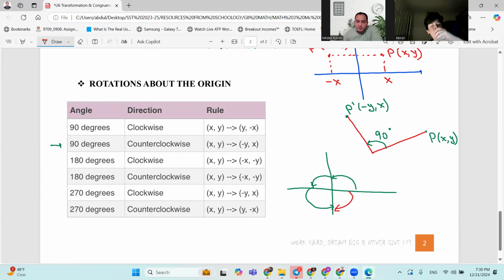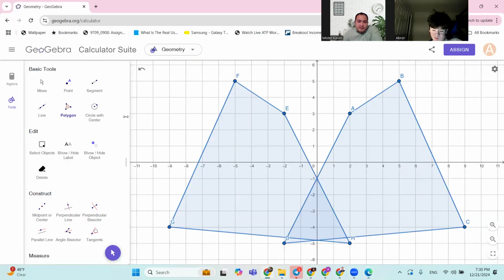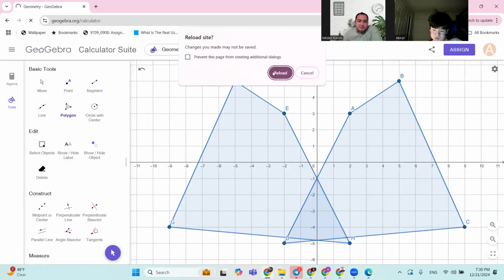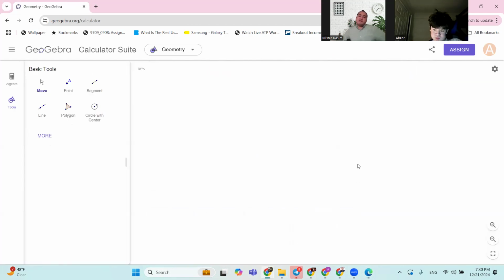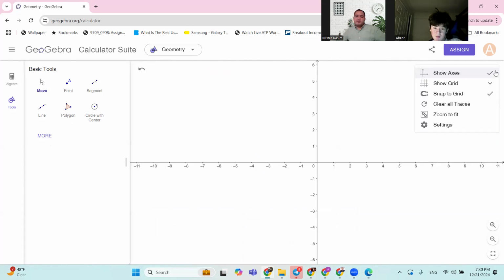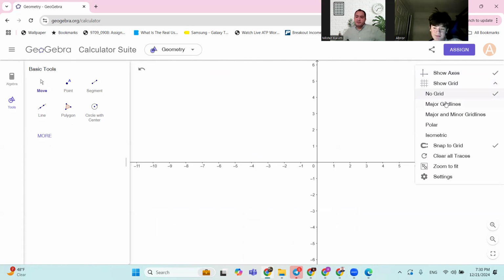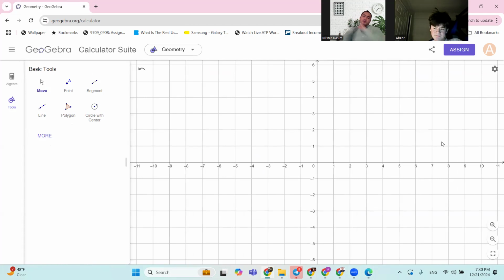For example, suppose that we are given a shape. Tell me any shape that will rotate 90 degrees about the origin. Tell me one figure, trapezium, parallelogram, or circle, or something. What actual figure do you want to rotate? Let's say some kind of heart shape.